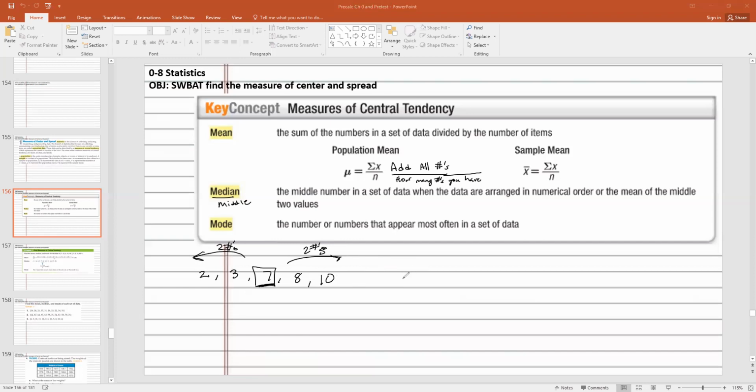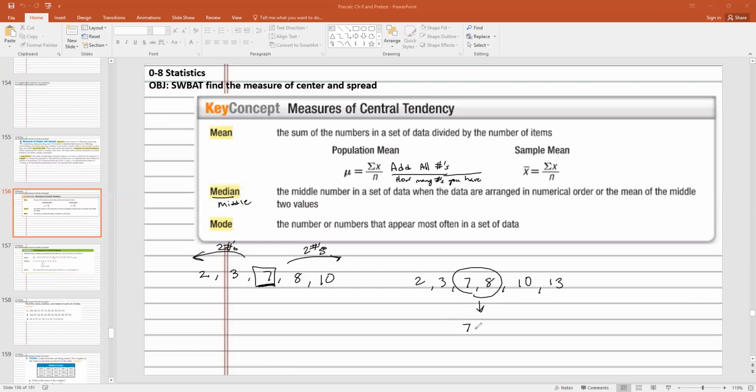Now, if there's an even number of numbers, like 2, 3, 7, 8, 10, and 13, there are 6. So the median would be in between the third and the fourth number. What you would do is take the mean of those two.